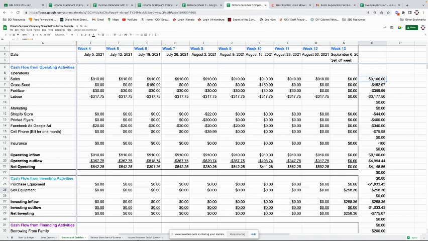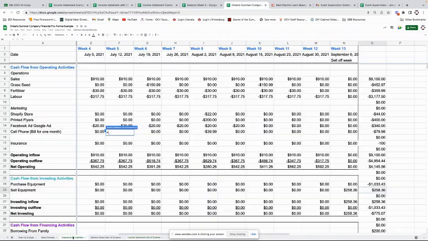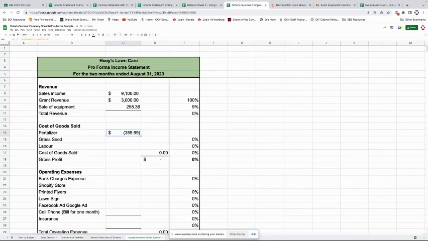So actually let's link so fertilizer, statement of cash flow. So we're looking for fertilizer is this amount. Then we're just going to times that by -1 to get a positive. All of the grass seed that I've used at the end.